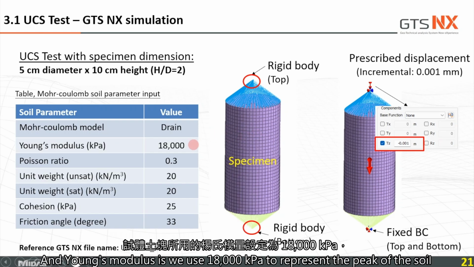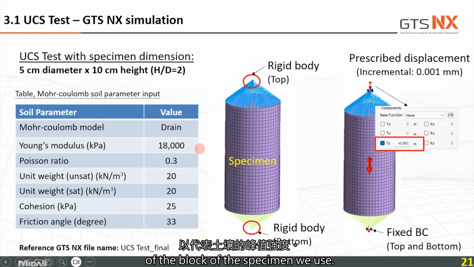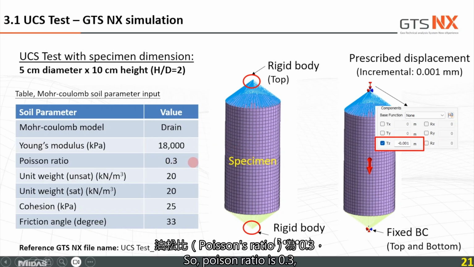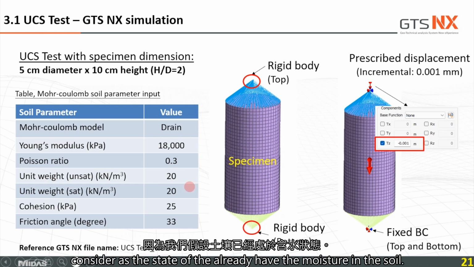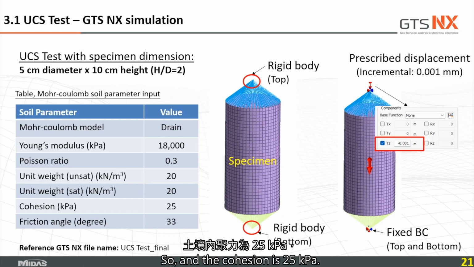Young's modulus we use is 18,000 kilopascal to represent the peak of the soil block specimen we use. Poisson ratio is 0.3, unit weight is 20, and unit weight of saturation is 20 also, because we consider the soil as already having moisture.